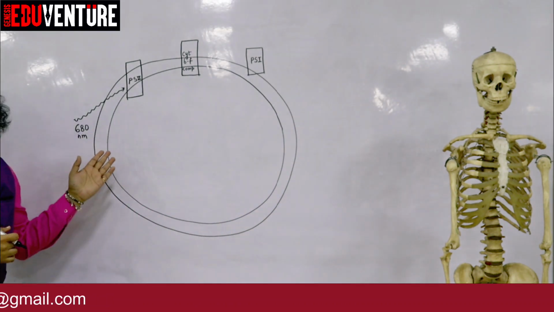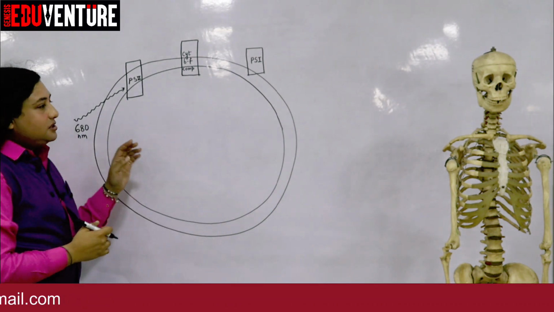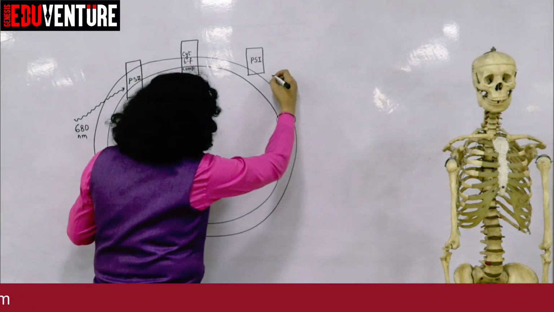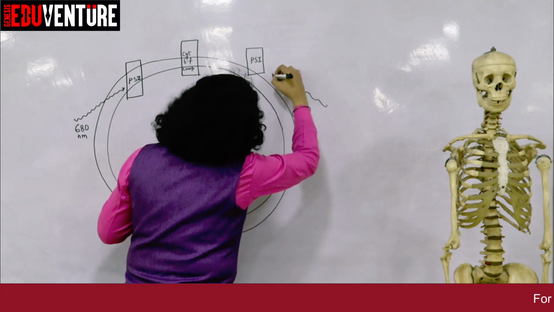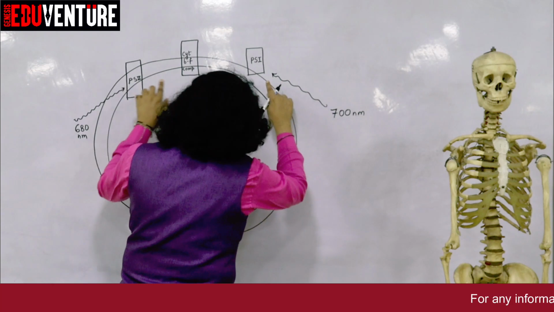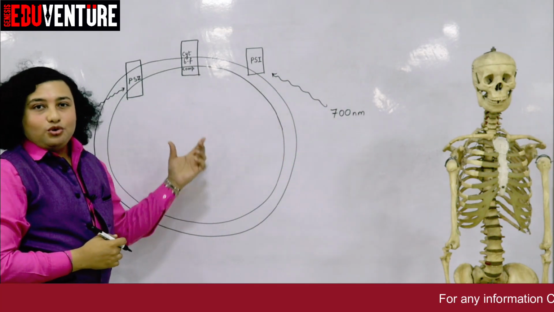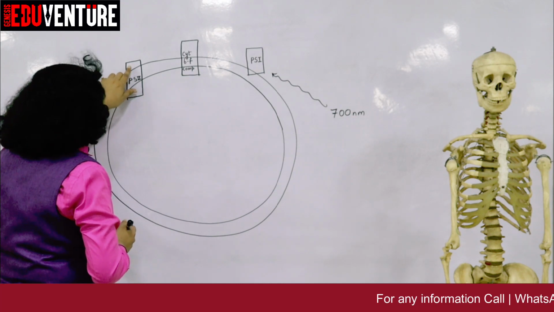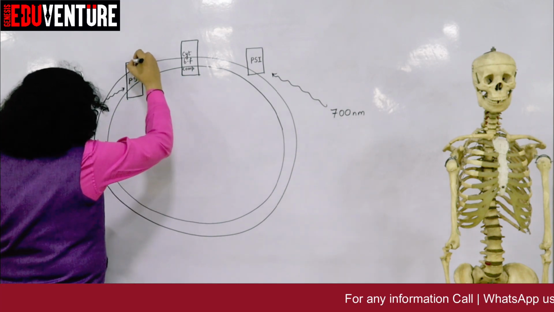Now when the light radiation of 680 nanometer strikes photosystem 2, along with another light radiation of 700 nanometer, because at these 2 wavelengths the 2 photosystems get best activated, the chlorophyll A of photosystem 2 will get activated initially.